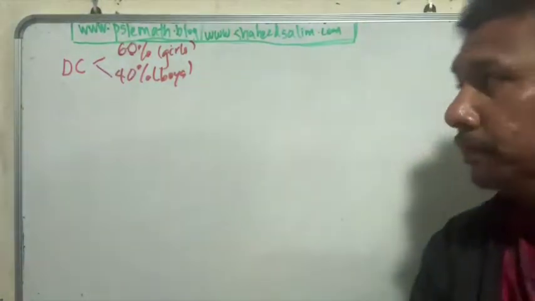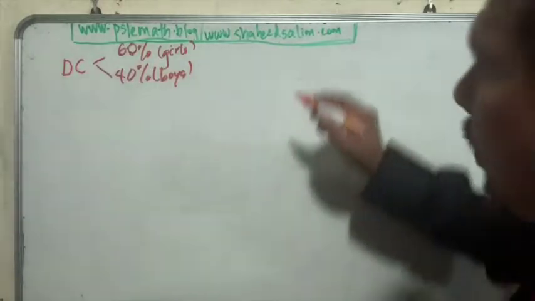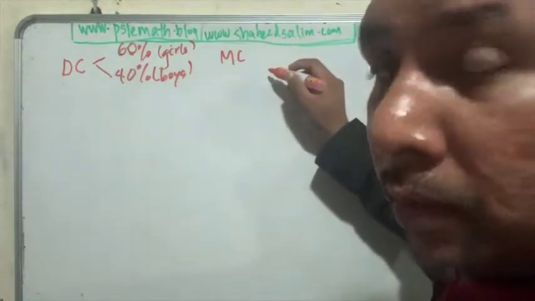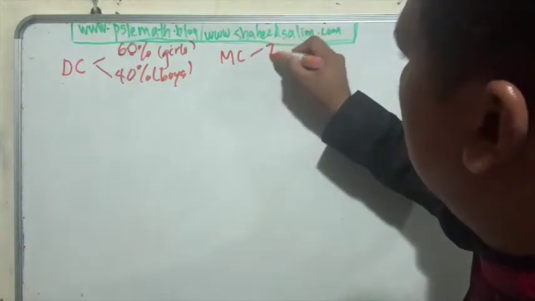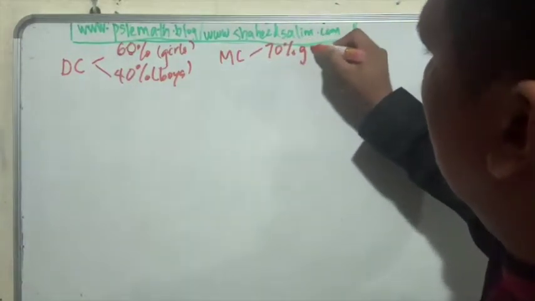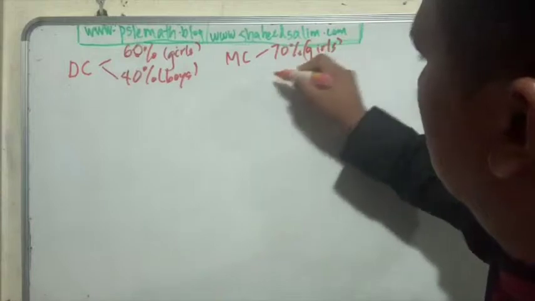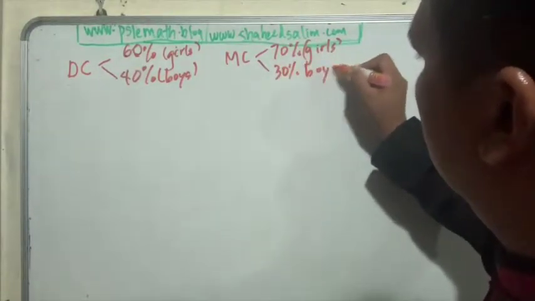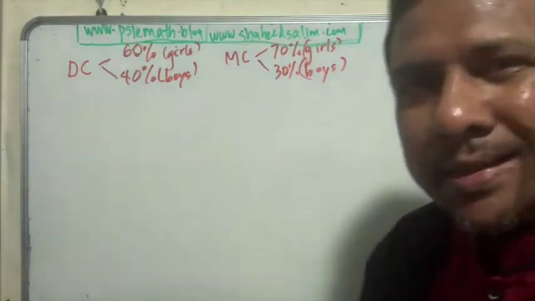That's a dance club. And then we are told about the media club. In the media club, 70% are girls and 30% are boys. Now, the next step is a little bit tricky.